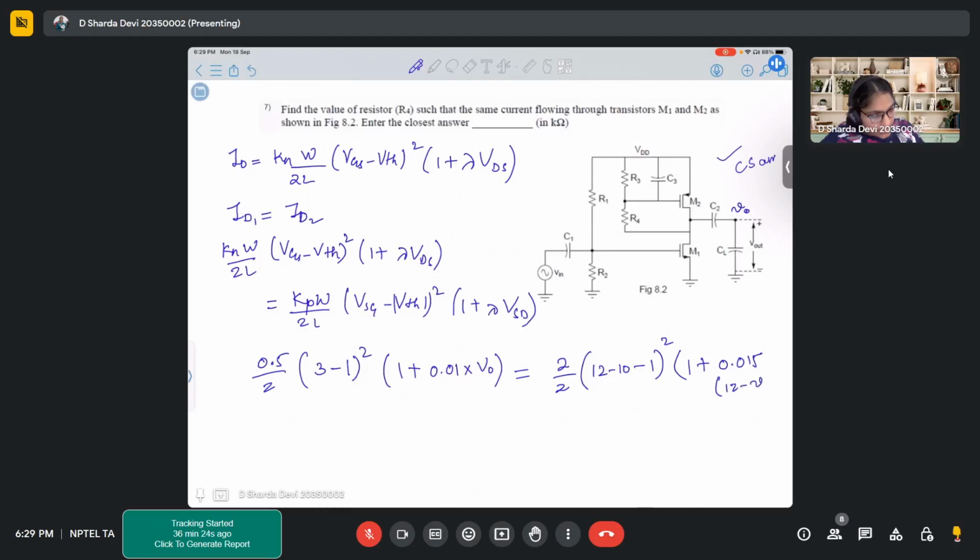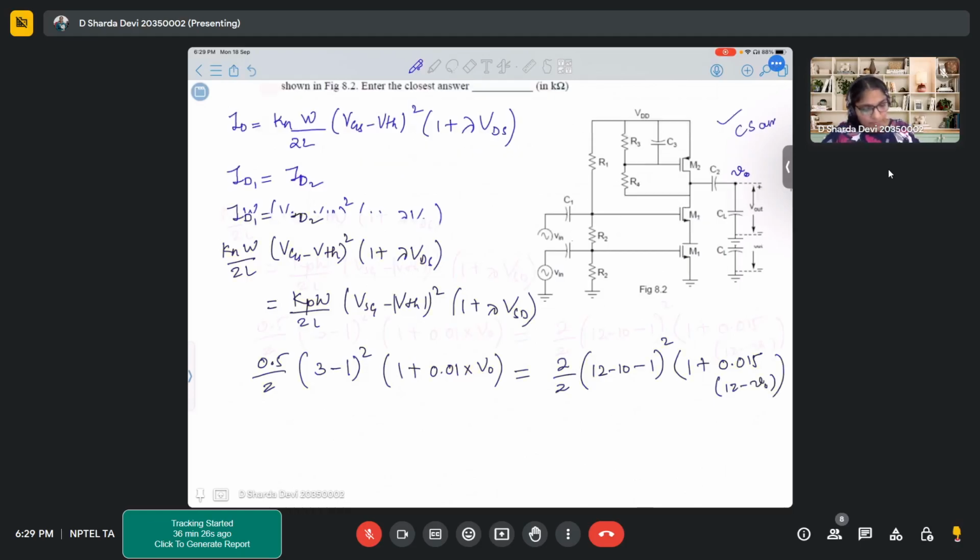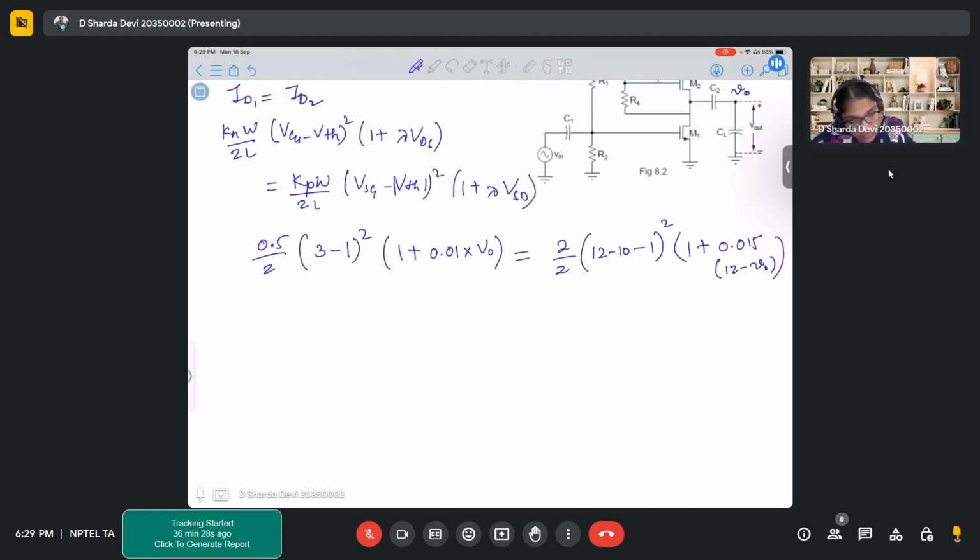So VSD is 12 minus V0. And now solving that, 0.5 into 4, 1 plus 0.01 V0, is equal to 2 into 1.